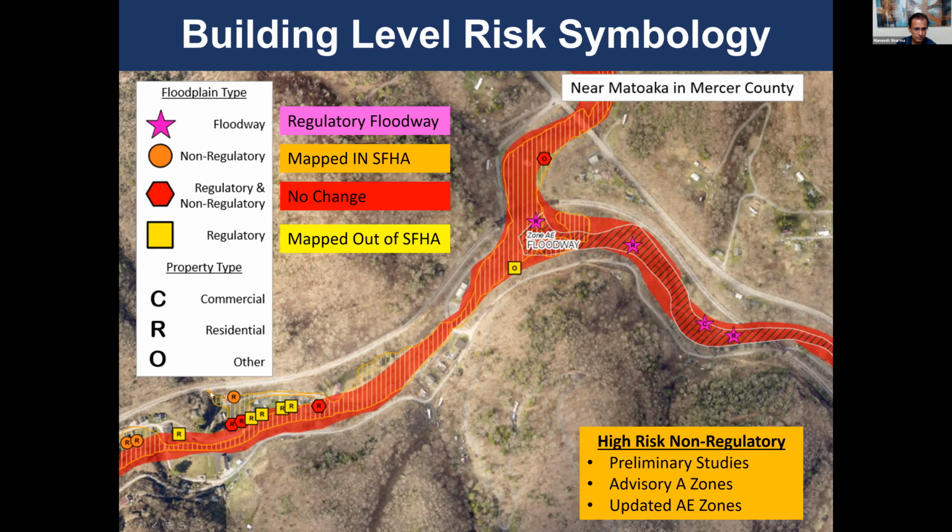These orange zones are either advisory or we did redelineation using the new DEM, so updated AEs. So these orange ones can potentially get mapped in whenever FEMA comes and does the restudy. And these yellow ones can potentially get mapped out. And then you see C, R, and O, they are for commercial, residential, and other.